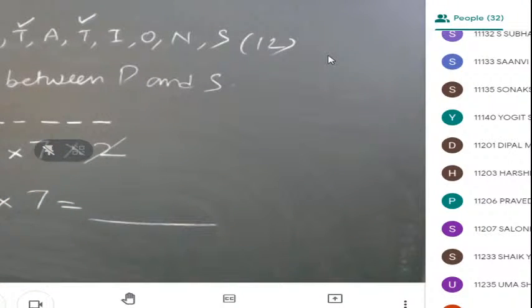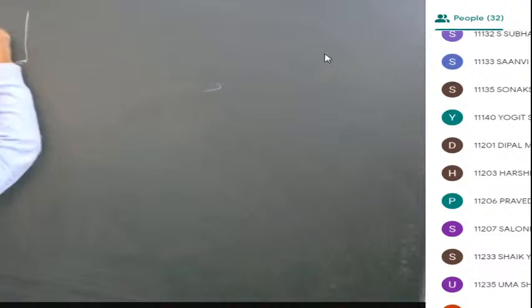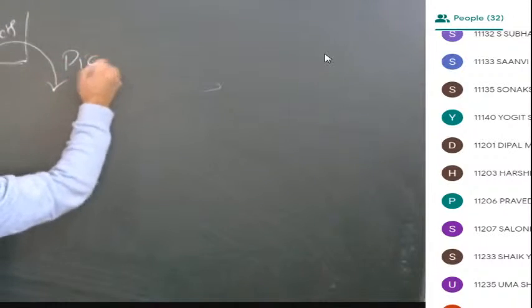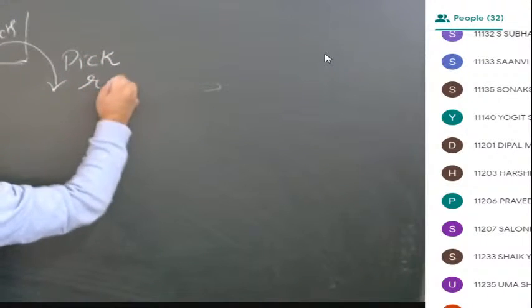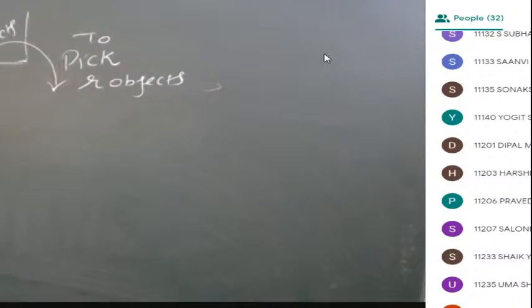Let us revise what was that NCR formula, all the students. Let us see. Of course, we discussed this thing in the beginning. Combinations. Suppose there are total n objects, and I have to pick r objects, right.